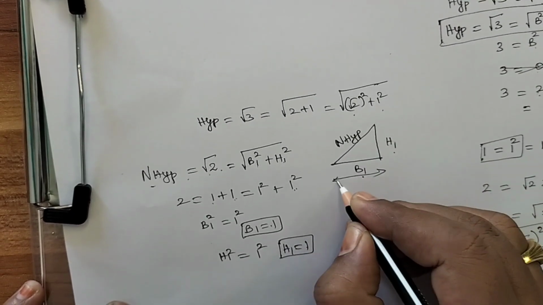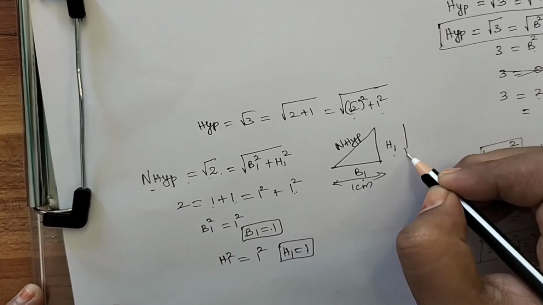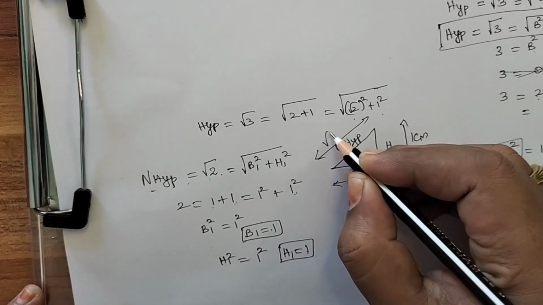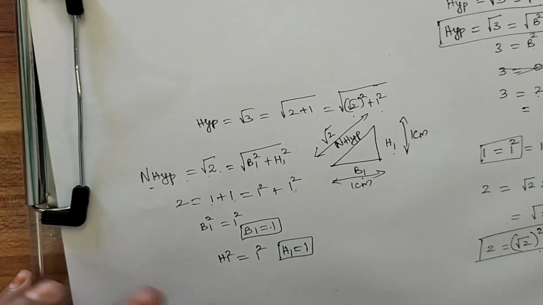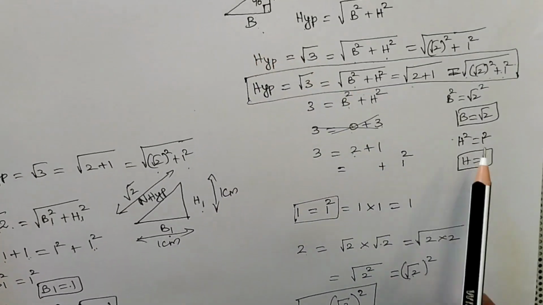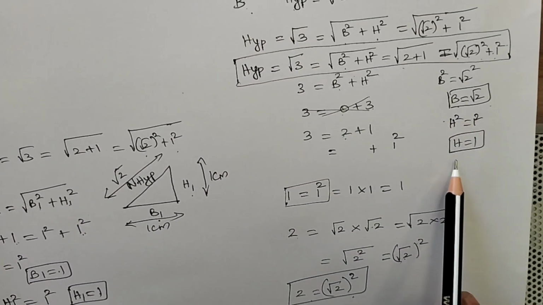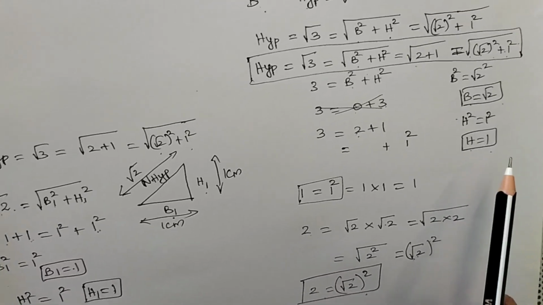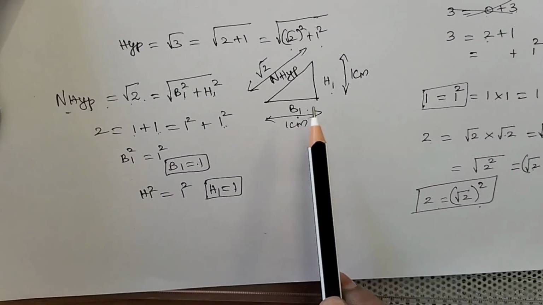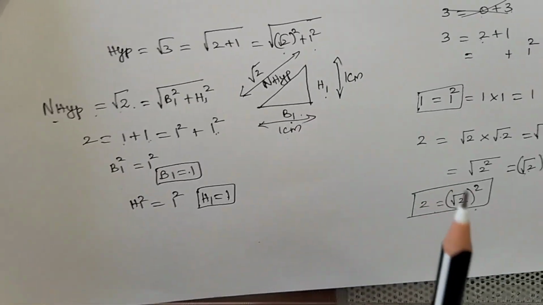So this measurement is 1 centimeter, this measurement is 1 centimeter, and this new hypotenuse is nothing but root 2. And then for the previous right angle triangle the base is root 2 and height is 1. For the new right angle triangle, base is 1, height is 1.